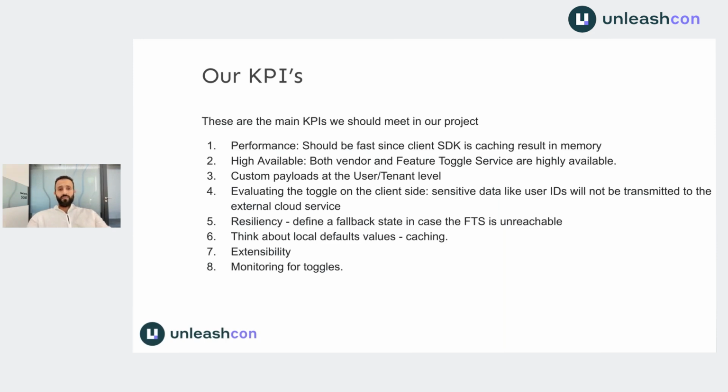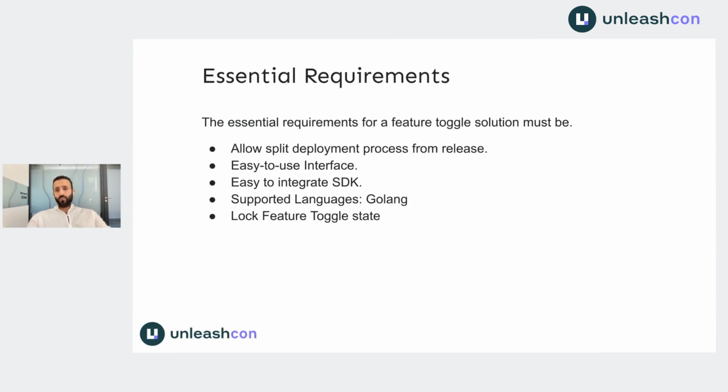When we chose our solution, we had essential requirements. Again, we need to split the deployment process from the release, an easy to use interface, and integration with the SDK. We need to support the languages, especially Golang, because we work in a cloud native environment and we build controllers for Kubernetes and all these native things in Kubernetes.